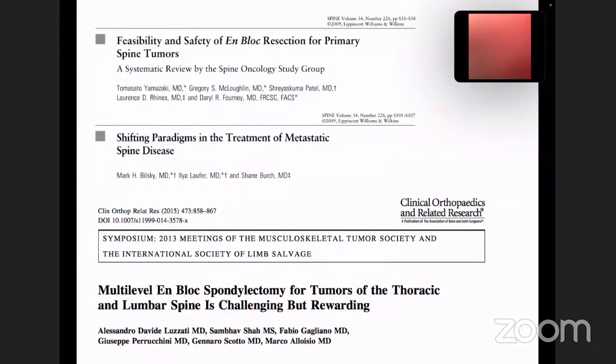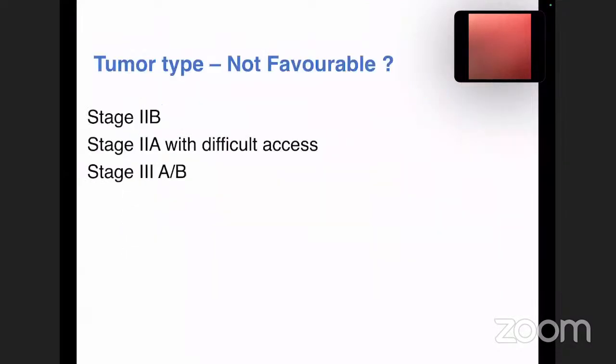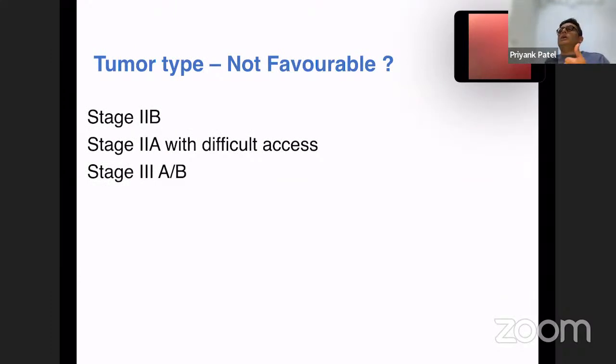Now, this is all good if the tumor is a favorable tumor. Favorable tumor means a tumor which needs to be removed, a tumor which can be removed, in a patient who will be able to take that surgery. And when I tell you take that surgery, we have had blood loss as high as 4.5 liters in patients where we have done en bloc spondylectomies, which means literally it becomes a mesotransfusion.